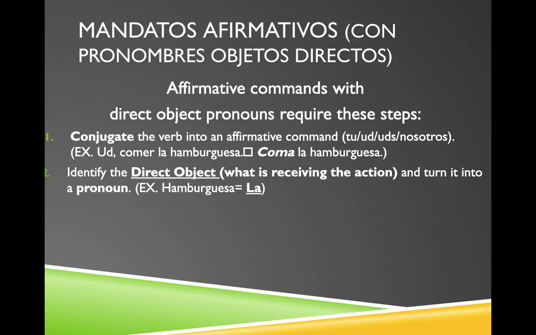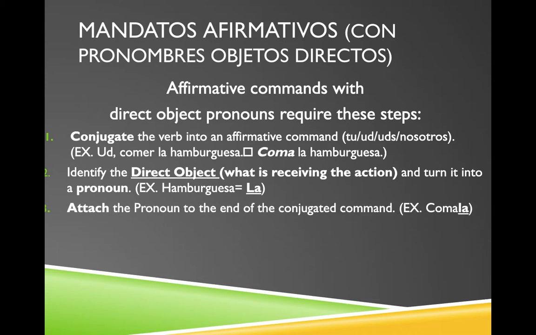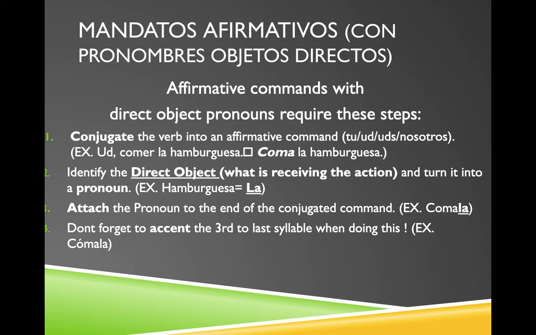The hamburger is receiving the action. So we attach it to the conjugated command, cómala, but we have to accent the third to last syllable of the entire phrase, the original sound, the O. And there's those pronouns again: me, te, lo, la, nos, los, or las.